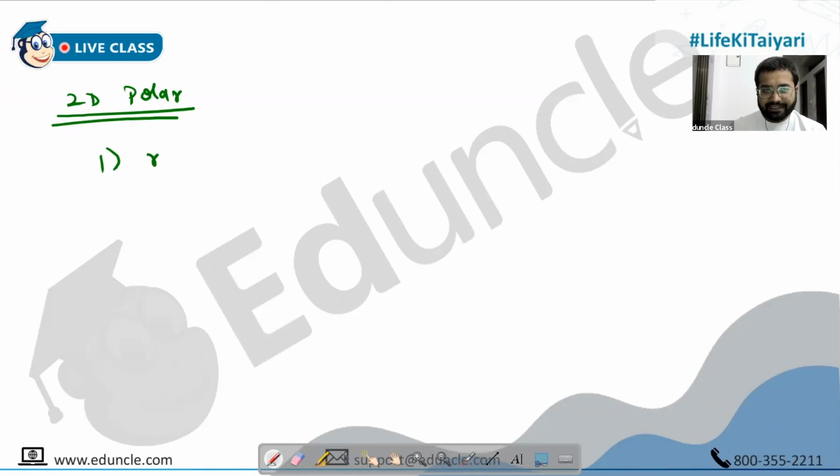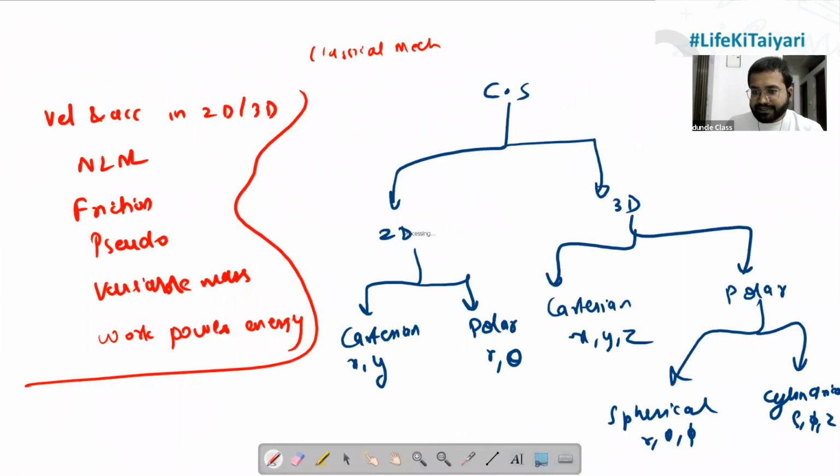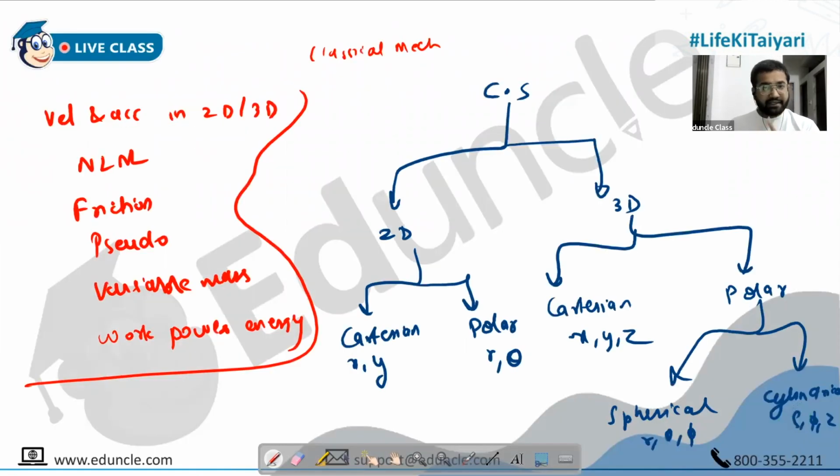The position vector r vector was just r vector, nothing else, because r vector was position itself. However, for example, in cylindrical, rho is not r vector. Rho was actually the perpendicular distance of the point from the z-axis. Like if this is the z-axis, then the perpendicular distance, that was actually rho.